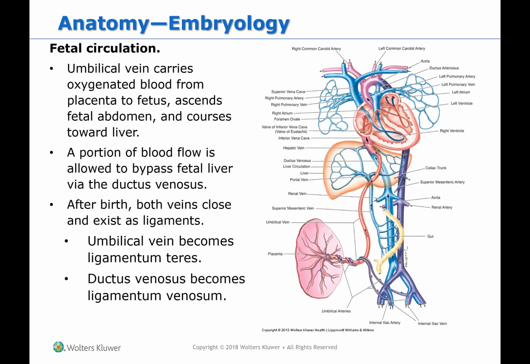After birth, both of these veins close and become ligaments. The umbilical vein becomes the ligamentum teres, and the ductus venosus becomes the ligamentum venosum. We don't need them anymore after we're born, so they become ligaments.